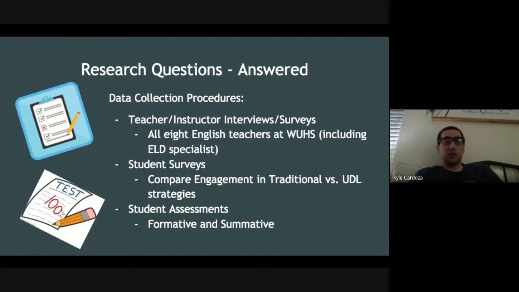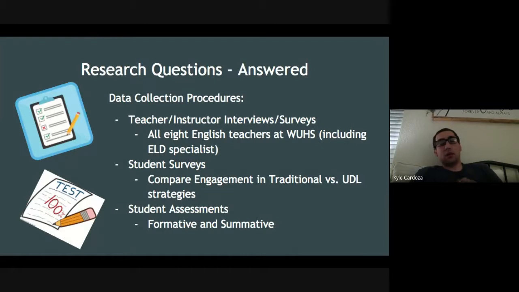So all eight of the teachers will take part in this, because they will all have at least a few groups of English language learners in their classes throughout each day. There will also be the student surveys, as I said, because they're going to compare the engagement levels in traditional as compared to the UDL strategies.